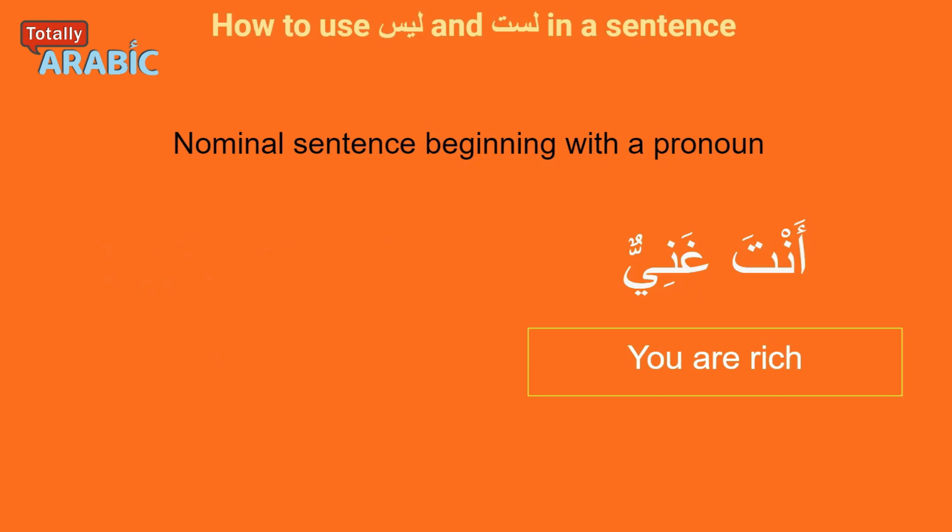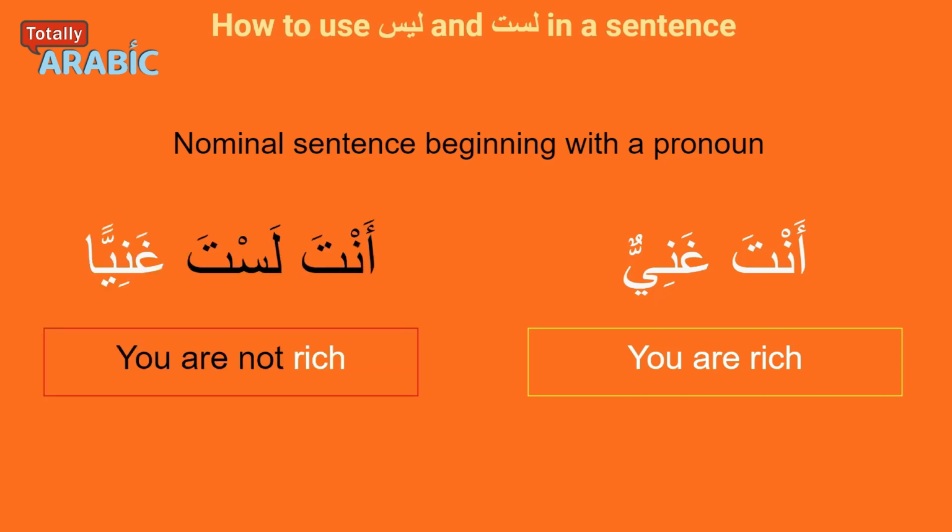أنت is another pronoun. We use it when we are talking to a male singular, and it means you are. أنت غني, you are rich. How can I make this sentence negative? For أنت, we use لست. أنت لست غنيا.